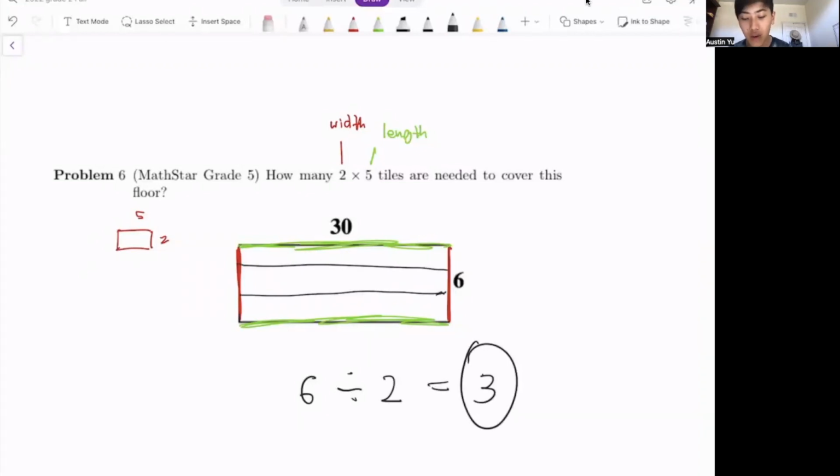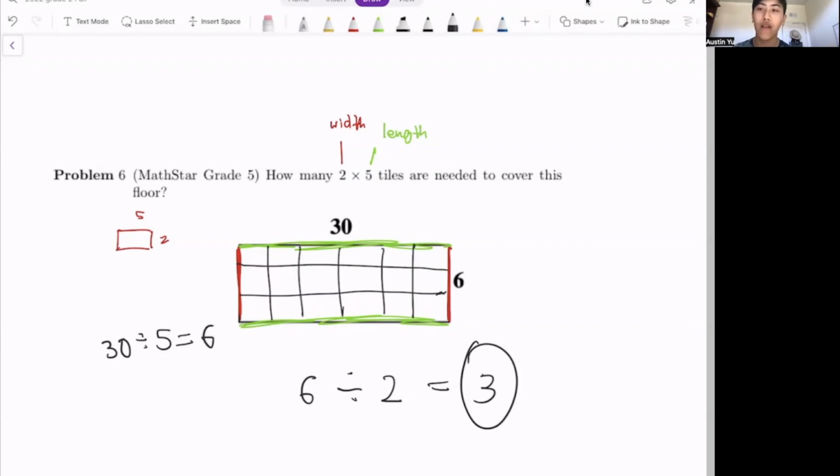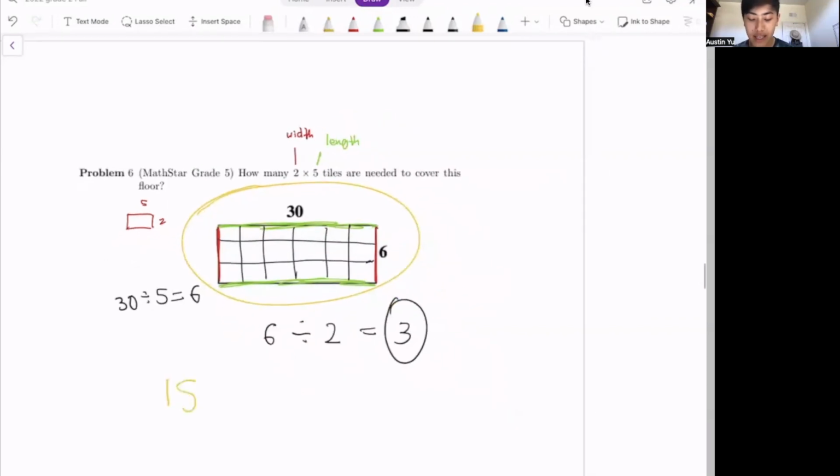And then we also divide 30 by 5 because that is the length, and that gives us 6. So we draw 1, 2, 3, 4, 5 lines, which gives us 6 vertical columns. We can count up all of these rectangles inside this 30 by 6, and we should get 18. And this basically means 3 times 6.